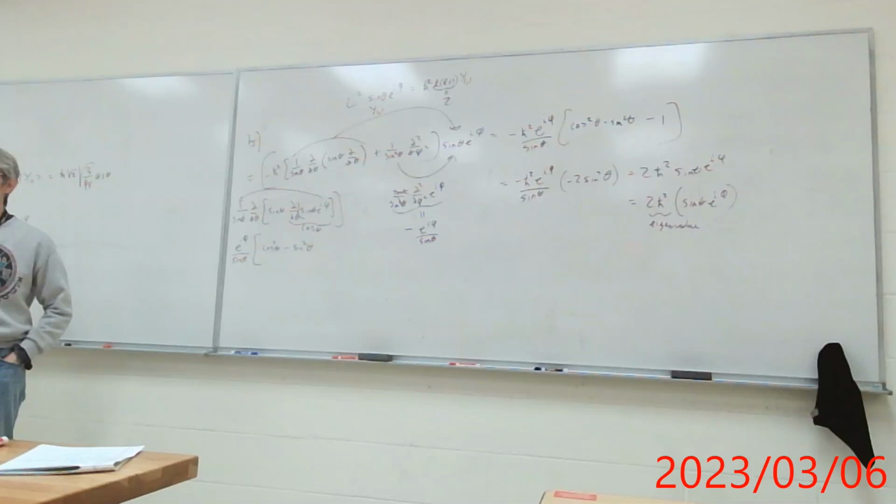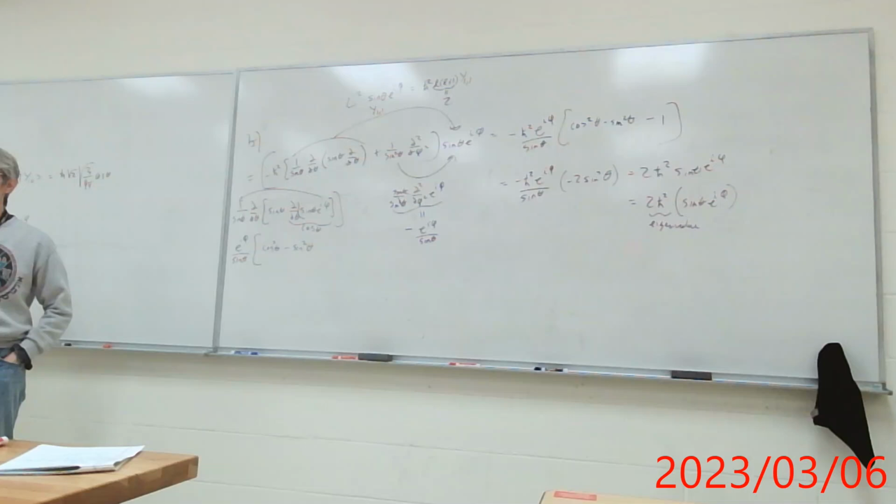So I'm going to cancel this i with this i with this i. Yay, all my i's cancel. All right, and the cotangent, of course, is the cosine over the sine. So those guys go away. And so I just get cosine theta and cosine theta, and those are both exactly the same.